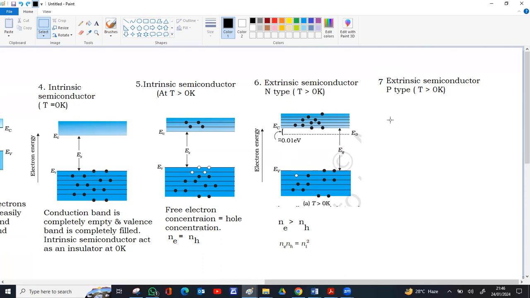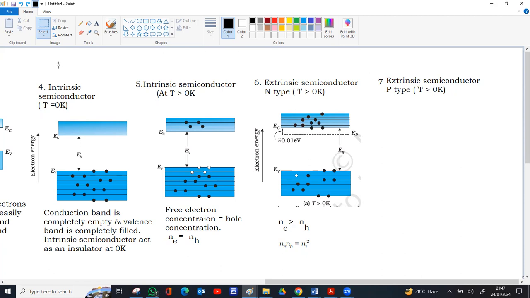So group 14 crystal structure demands 4 covalent bonds, but group 13 atoms only have 3 valence electrons. So when they are added into group 14, out of the 4 bonds, 3 bonds are completely filled. In the 4th bond, there will be a vacancy of 1 electron. So that can act as a hole.